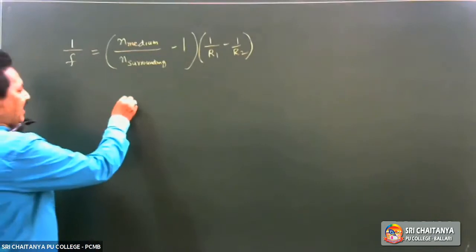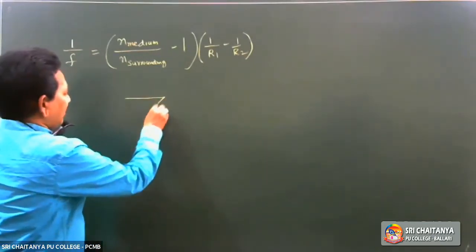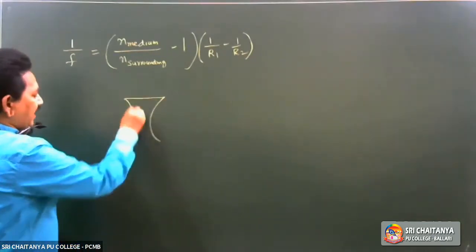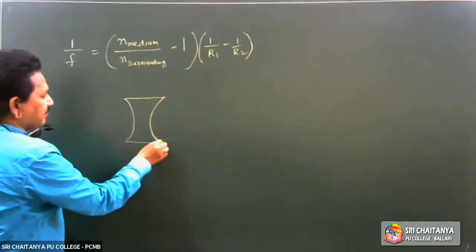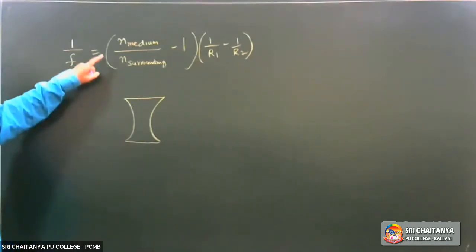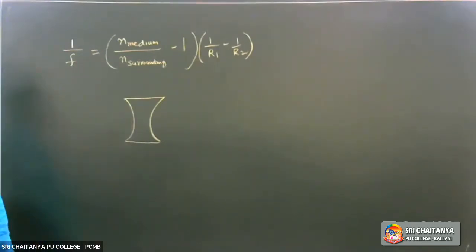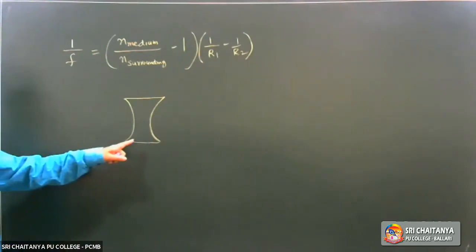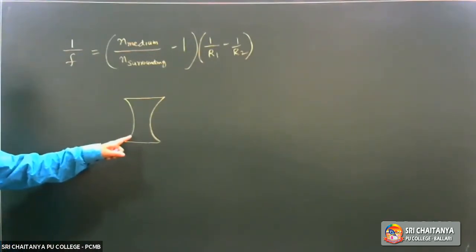Now apply this lens maker formula in case of the concave lens, the biconcave lens. Previously, we discussed how to apply this formula in case of the convex lens.